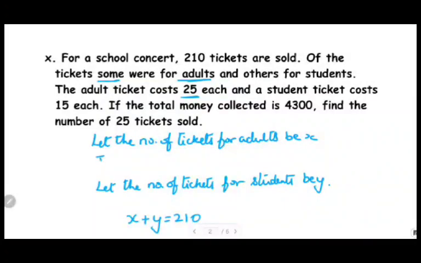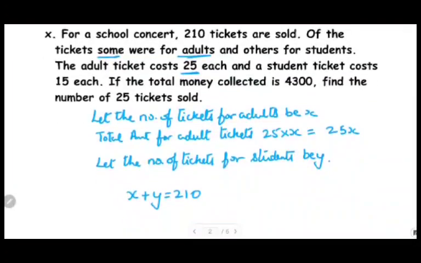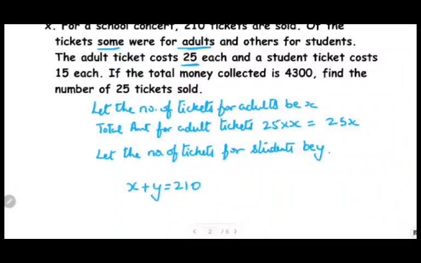So total amount for adult tickets will be, see, if I have to calculate the amount, I will have to take per cost into the number of tickets sold. Correct? So per cost is how much? 25 into the number of tickets sold. So it's going to be 25x. Similarly, a student ticket costs 15 each.